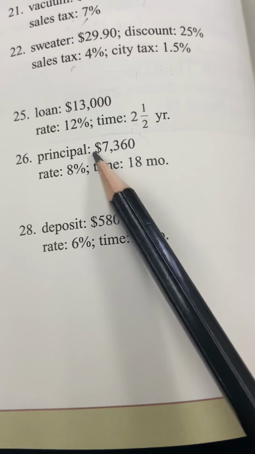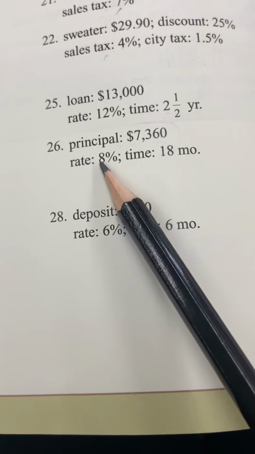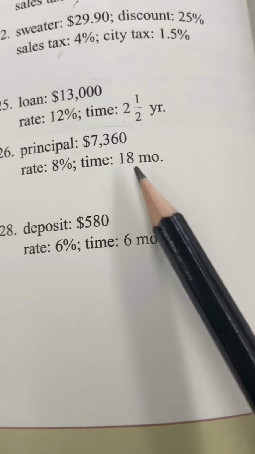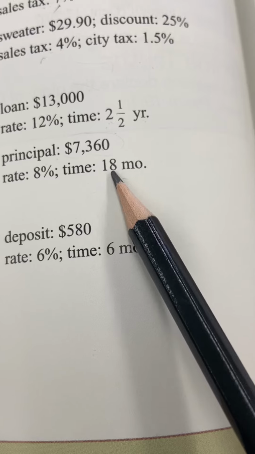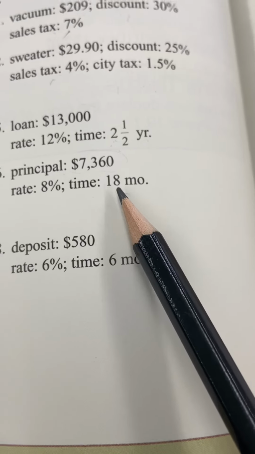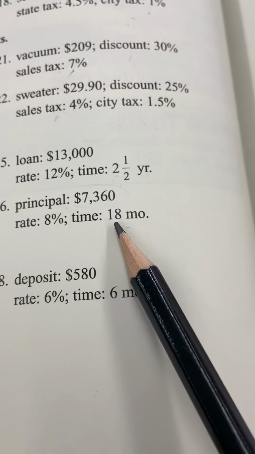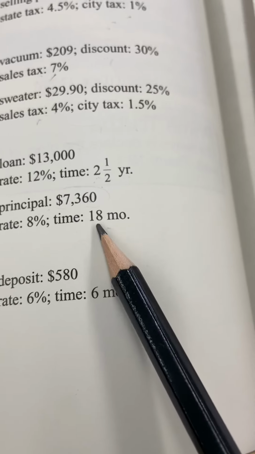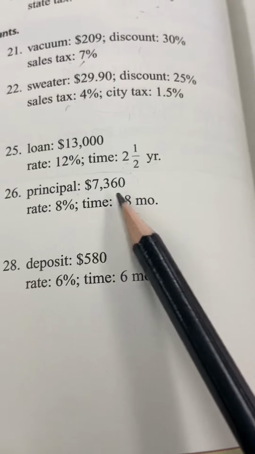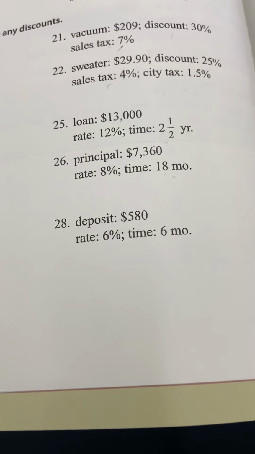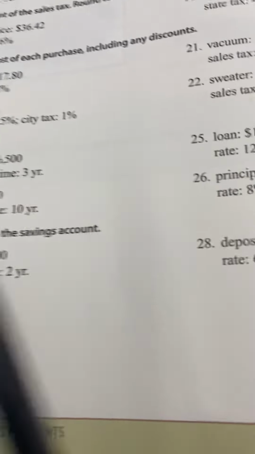Principal, same thing. This times this as a decimal, and then 18 months. How many years would 18 months be? Well, 18 months is 1.5 years. Okay, so you multiply those together, and there you go. That is the interest. Remember to have the dollar sign, folks, because we're dealing with money here.